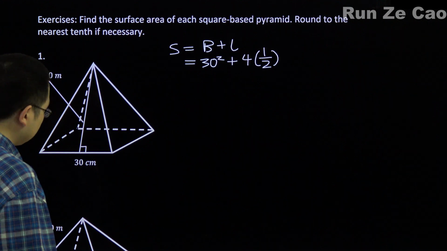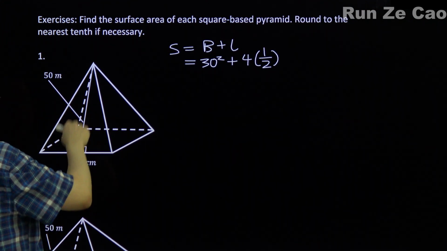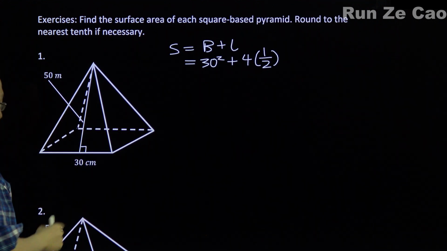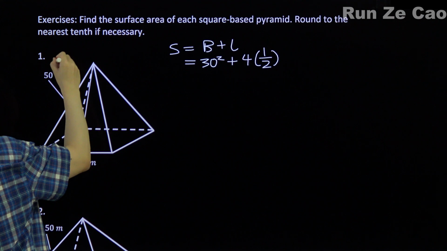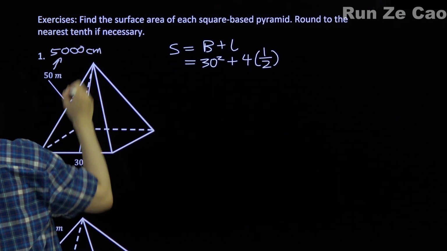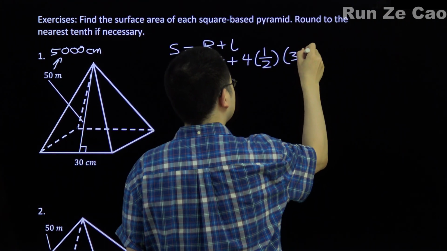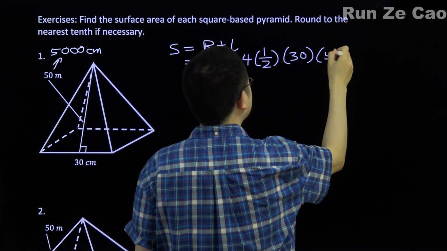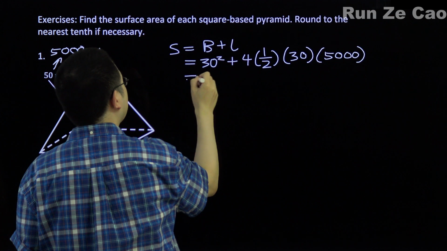You might have noticed something interesting here. This figure, if it was drawn to scale, would look like a needle, because this slant height is 50 meters, while the base length is 30 centimeters. So 50 meters is 5,000 centimeters. Base is 30, but then we have a 5,000. Fun times.